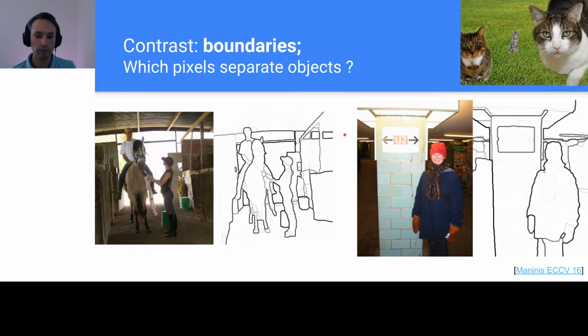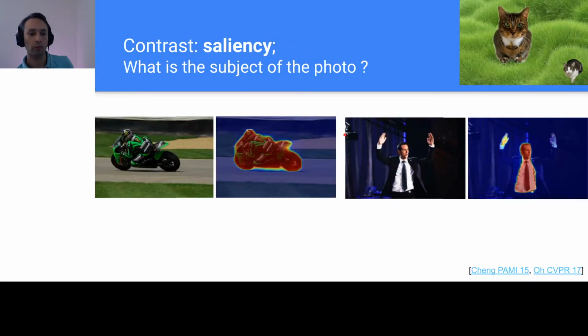Similarly, another way to encode this contrast information is through saliency, which not only exploits a generic notion of background appearance that has been learned, but also exploits the composition of the image, where again, it assumes that the image is intentional and does show a subject that can be estimated.